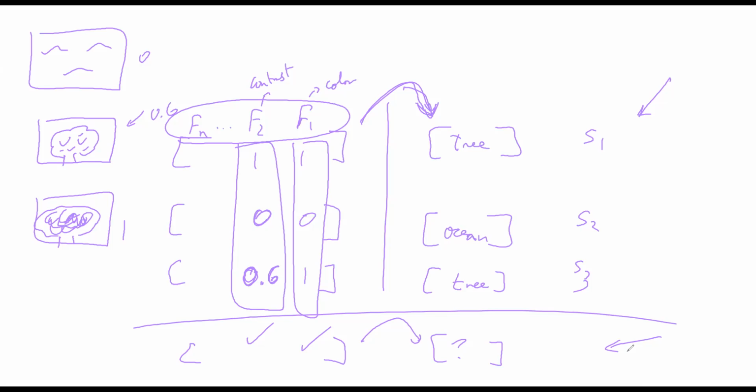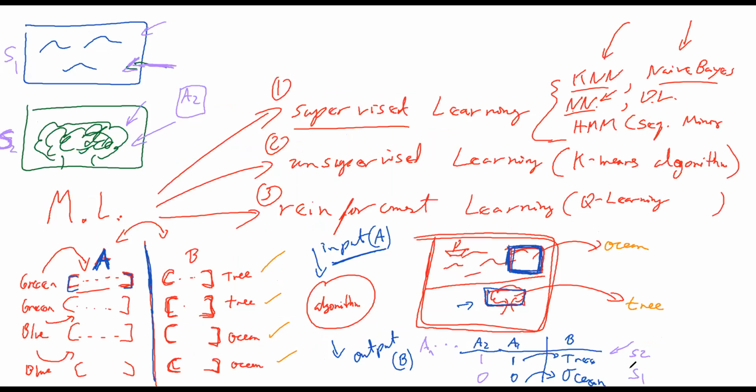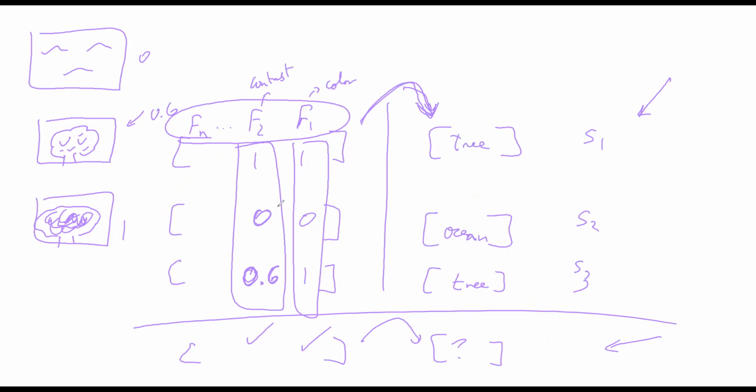So now that we've discussed this, let's go back to these 3 things. We have supervised learning, unsupervised learning, and reinforcement learning. Hopefully now you have a better understanding of feature vectors and their associated labels.